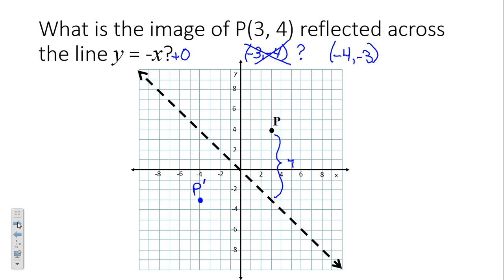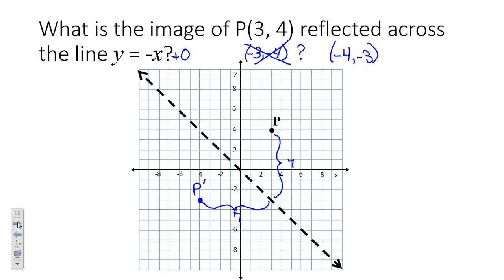And then 7 this way. 1, 2, 3, 4, 5, 6, 7. Looks right, doesn't it? That still works as well. That looks a lot easier. You have to draw the line sometimes. It'll tell you what your line of reflection is going to be.